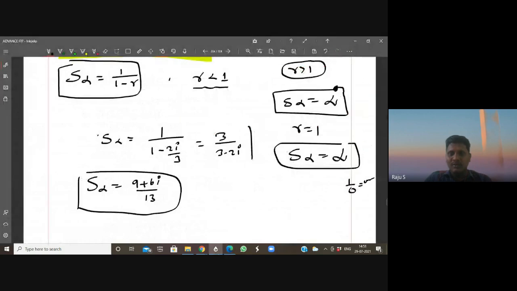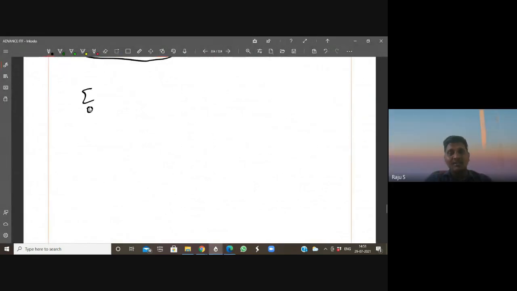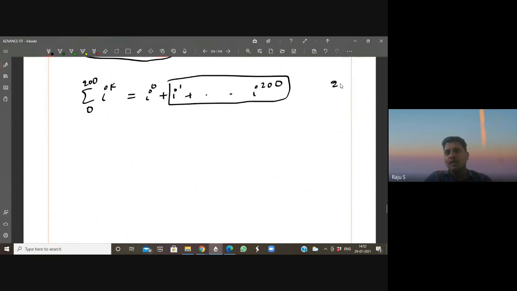The summation starts with 0: i to the power 0 plus i to the power 1 up to i to the power 200. Excluding the first, the number of terms is 200, which is clearly divisible by 4. So the sum of those values becomes 0, and finally i to the power 0, nothing but 1. We got the real part as 1.